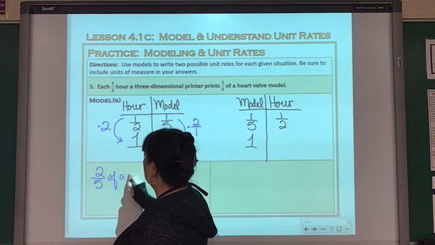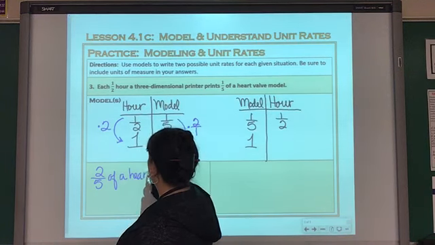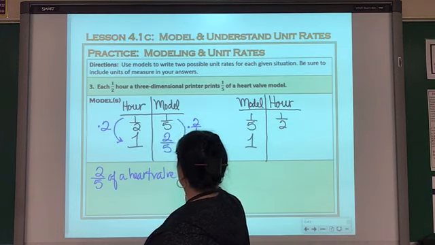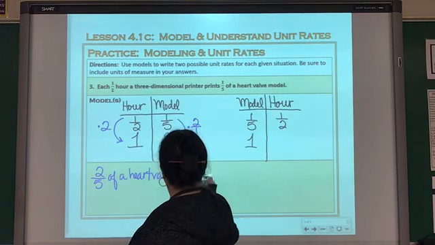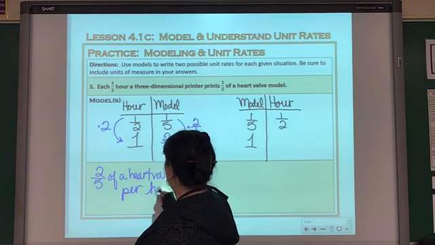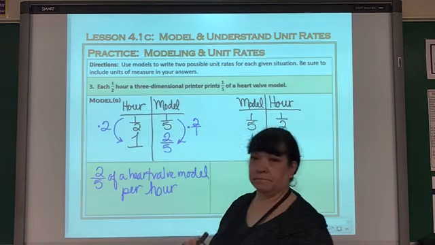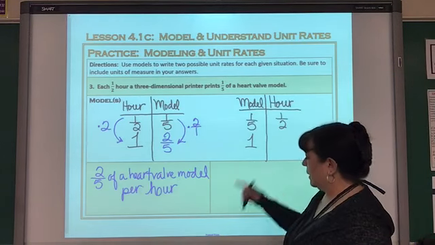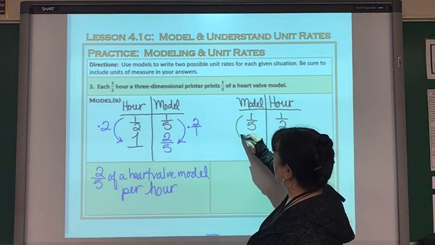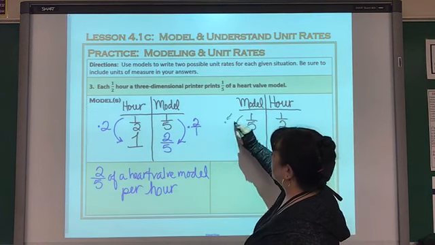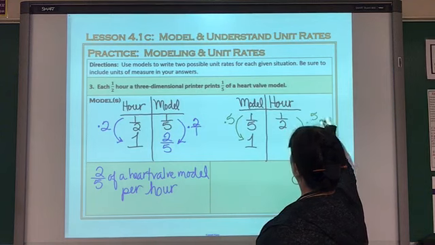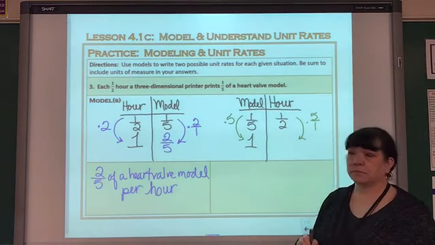So this model then gives me 2/5 of a heart valve model per hour. Here, I'm going to multiply by 5. Over here, I'm going to change that to 5 ones.